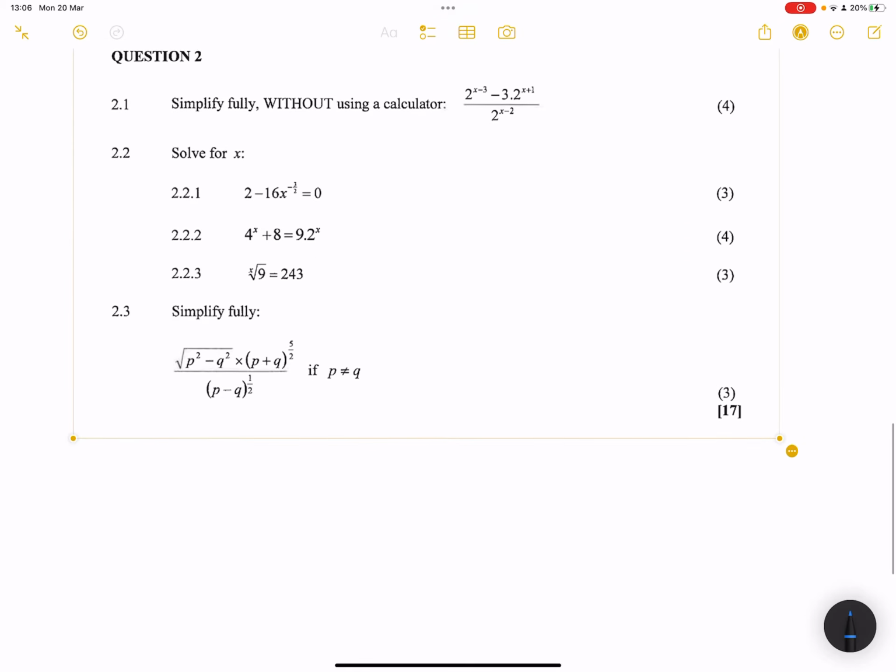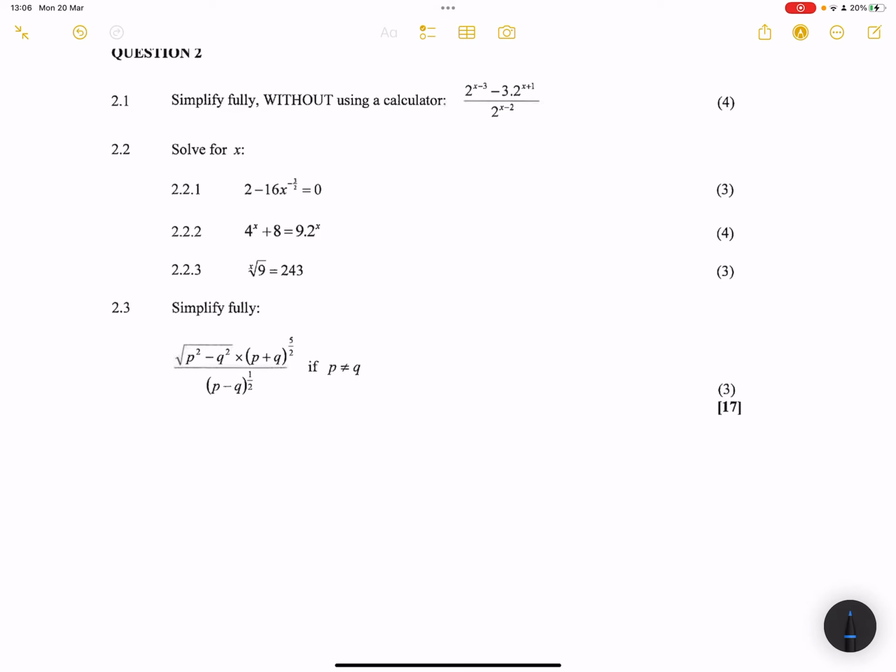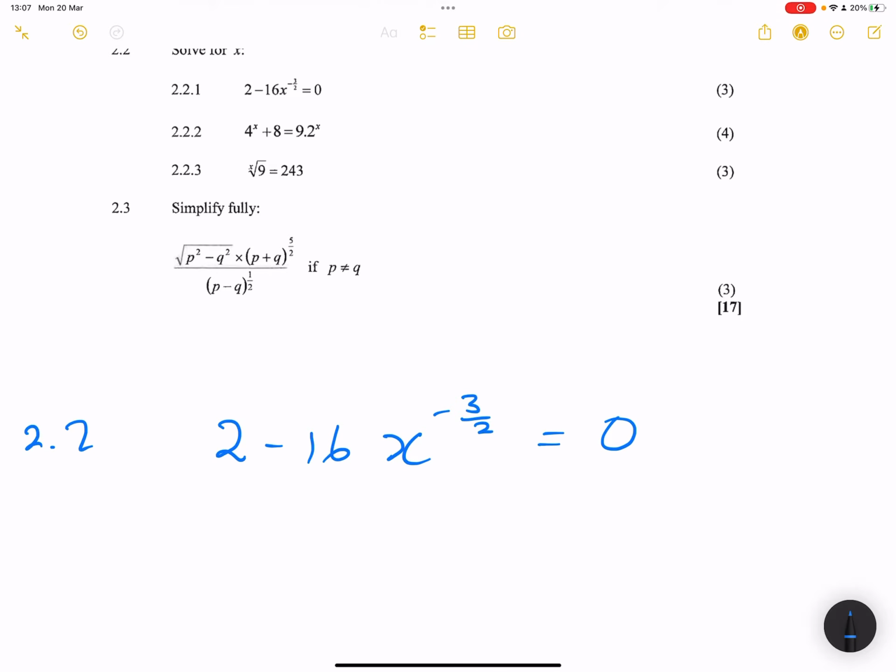Right, now on 2.2, we've got 2 minus 16 x to the exponent negative 3 over 2, which is equal to 0. What we simply do, ladies and gents, on such an occasion, is try and isolate as much as we can.